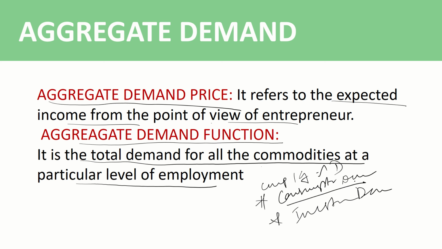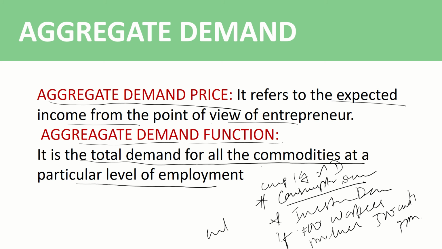Now, consider consumption demand. Suppose there are 100 workers in one industry producing 500 units of production, and the entrepreneur thinks that he will get 1 lakh rupees from the sale of the output of this production.